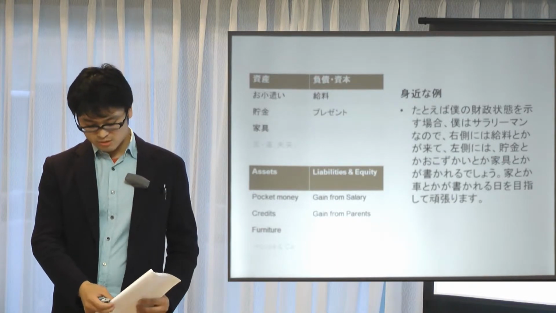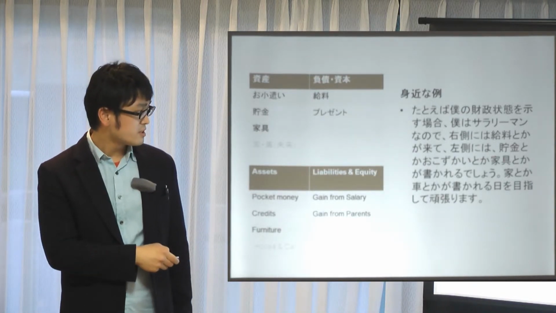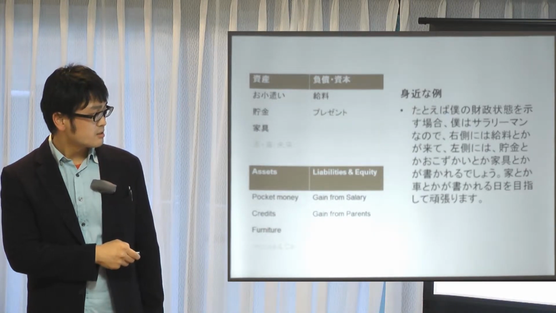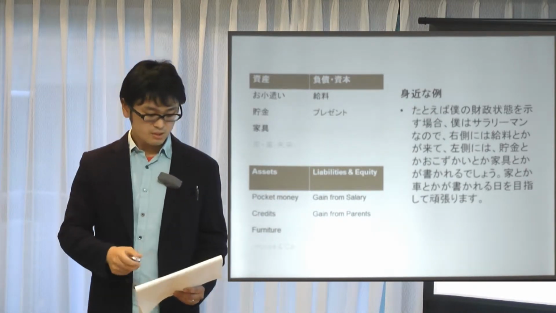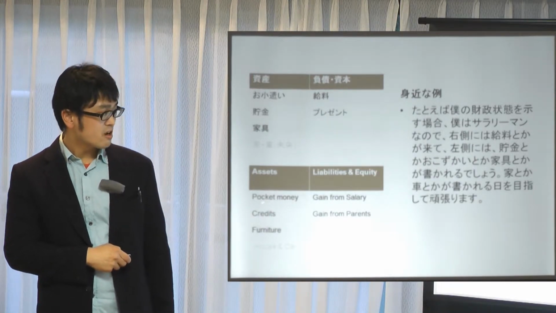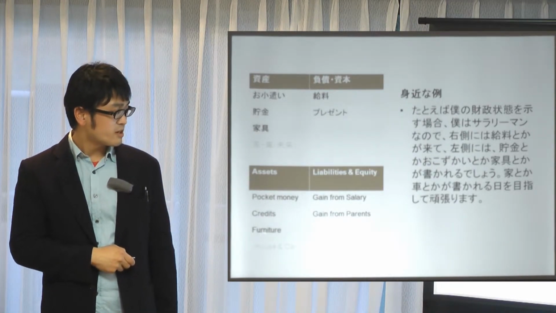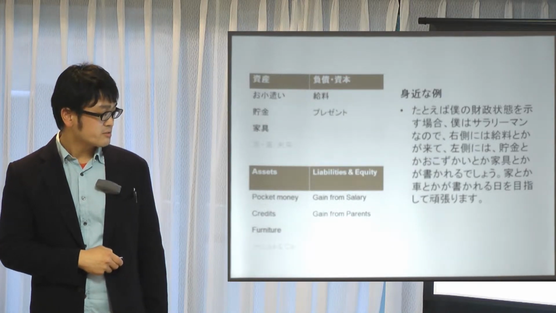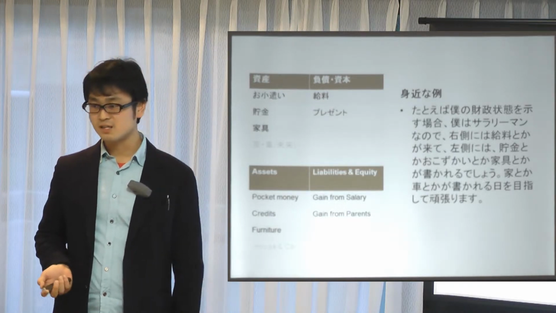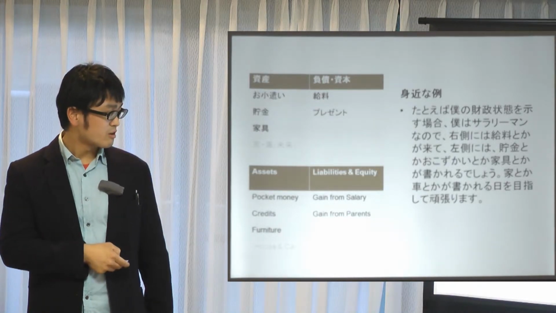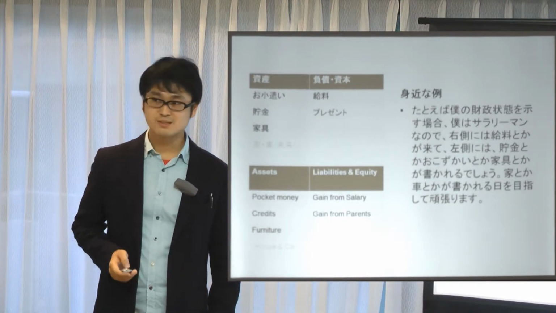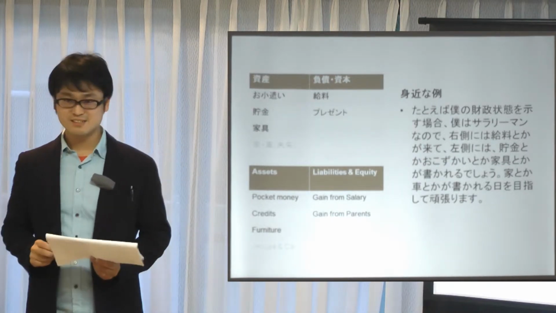So the gain from salary may be put on the right side, and a little bit of cash and furniture on the left side. I hope I can write a house or car on the left side someday, though.